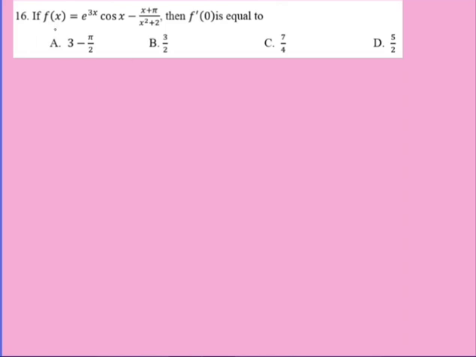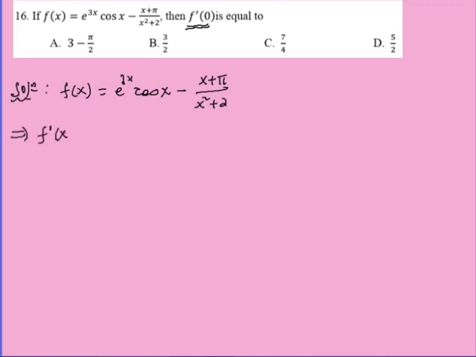If f of x is given in this way, then what is its derivative at 0? The function is given. It's very simple. The function is e to the power of 3x cos x minus x plus pi over x squared plus 2. This is our function. To calculate f prime at 0, we need to calculate the derivative first.